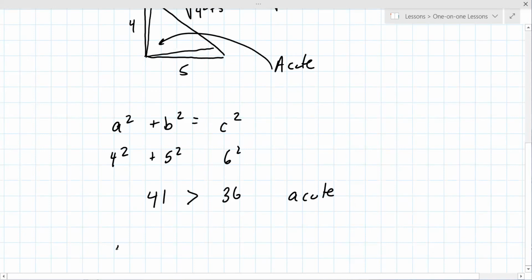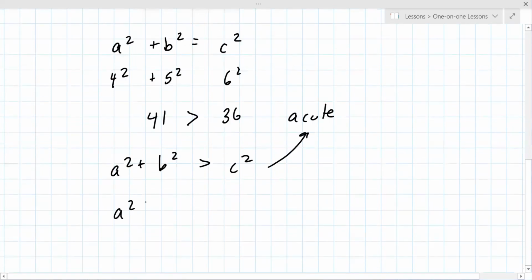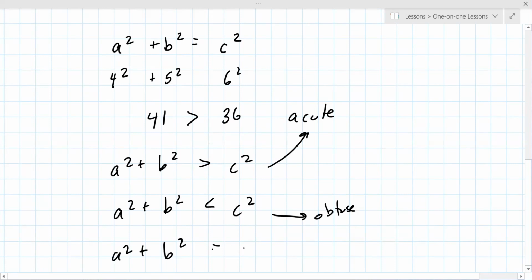If a squared plus b squared is greater than c squared, it's acute. And if a squared plus b squared is less than c squared, it's obtuse. And then if they're equal, it's a right triangle. So that's the formula or the background.